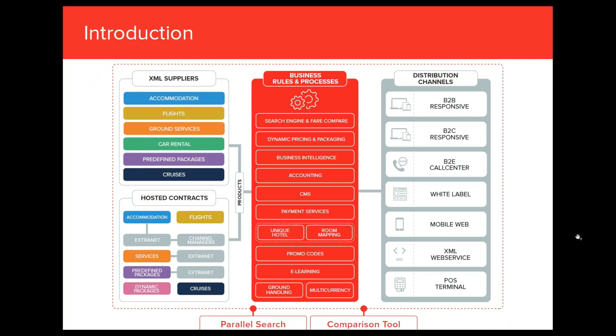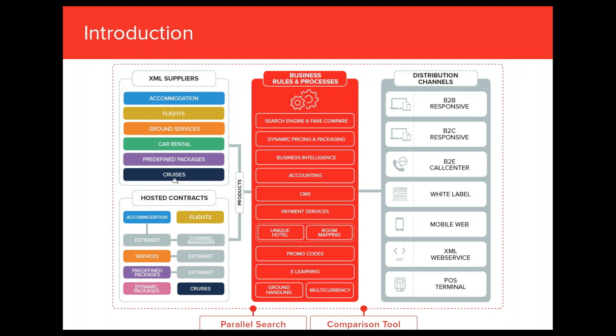In this diagram, you have a big picture of Juniper as a whole. On the left side, you have all the different kinds of product highlighted in different colors. On the top, you have the part that corresponds to the XML suppliers, and then at the bottom, the own contracts.